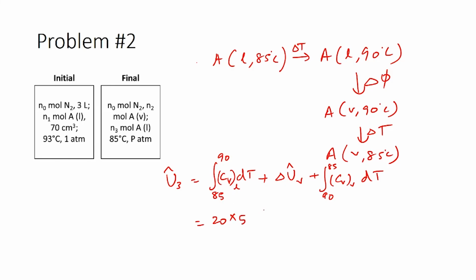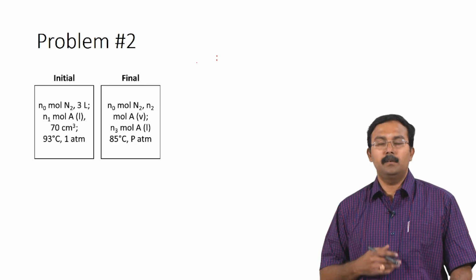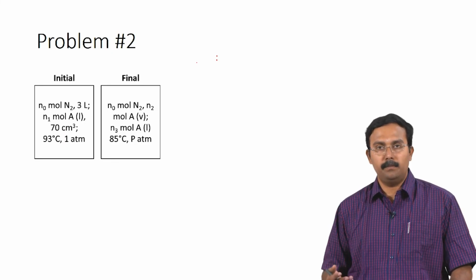So, 20 times 5 plus the change in internal energy, which was 19,274, plus here you would have CV as 8 times 85 minus 90, which is minus 5. So, this U3 cap would be equal to 19,334 calories per mole.